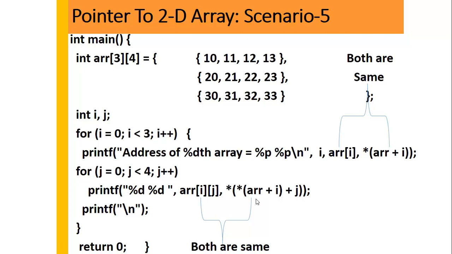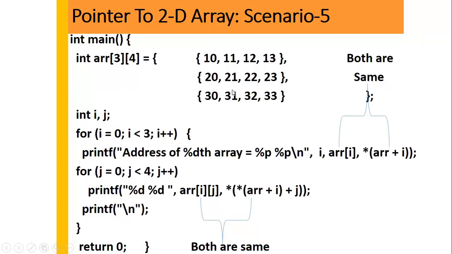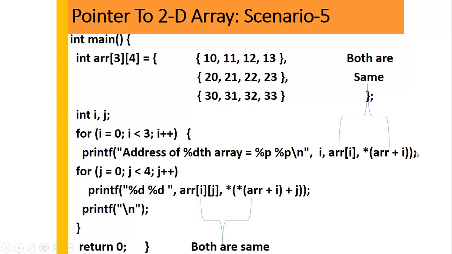Okay. So for the first I equal to 0, we have the address of the 0th row equal to this. This is printed by the first address in this, 0x7ff, and the second, both are printed. The first is printed with this and the second is printed by this.